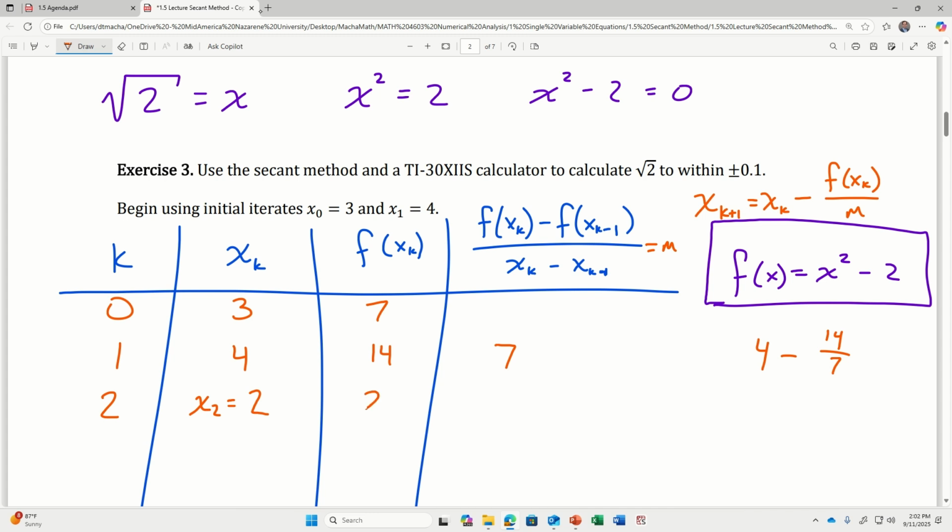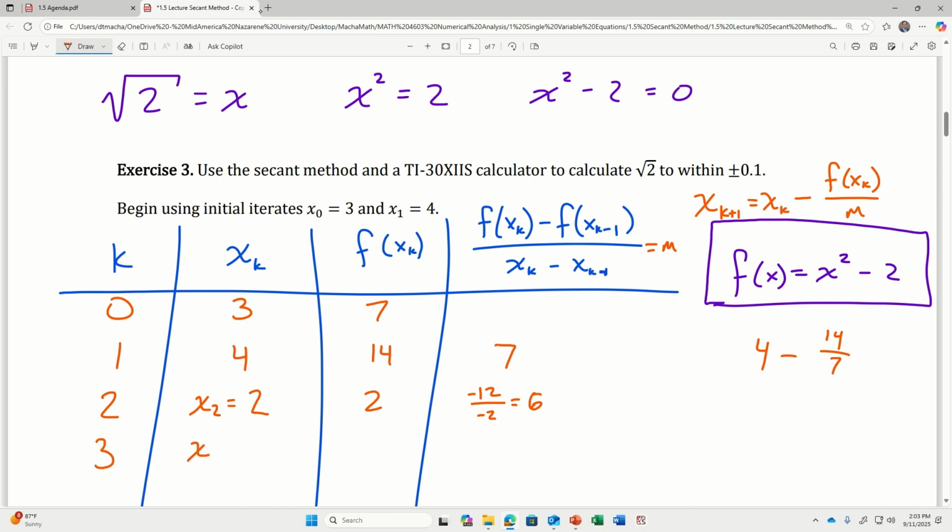Yeah, 2 squared minus 2 is 2. And then I need to take 2 minus 14, which is negative 12, divided by 2 minus 4, which is negative 2. So I get 6 for that average slope part.